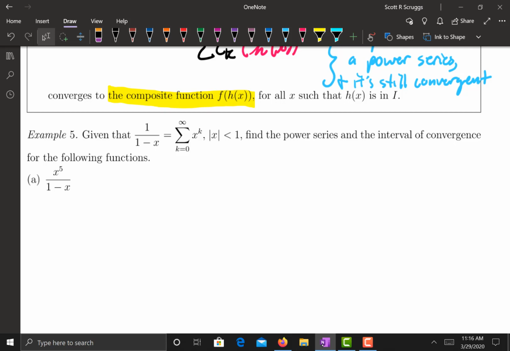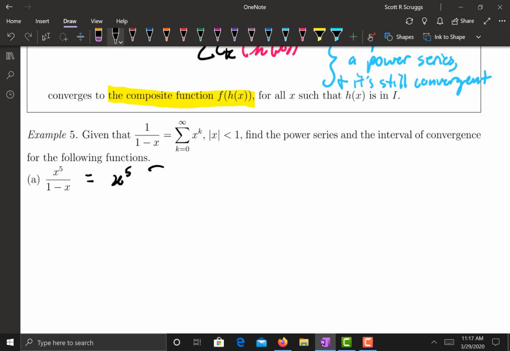All right, let's do that with example 5, part A. I'm going to use the fact that 1 over 1 minus x can be rewritten as a geometric series, and form a brand new series with x to the 5th power times that.